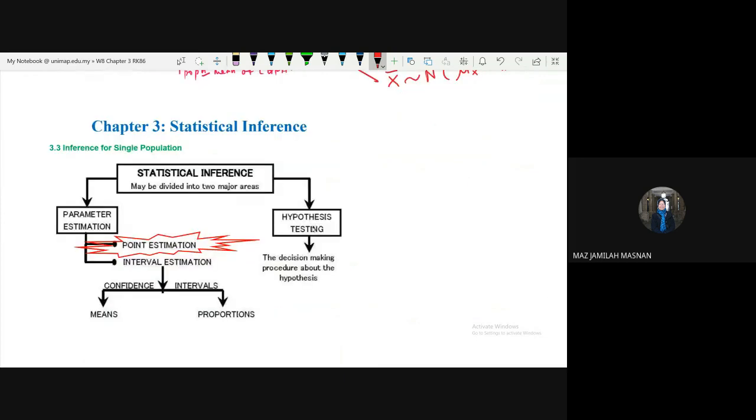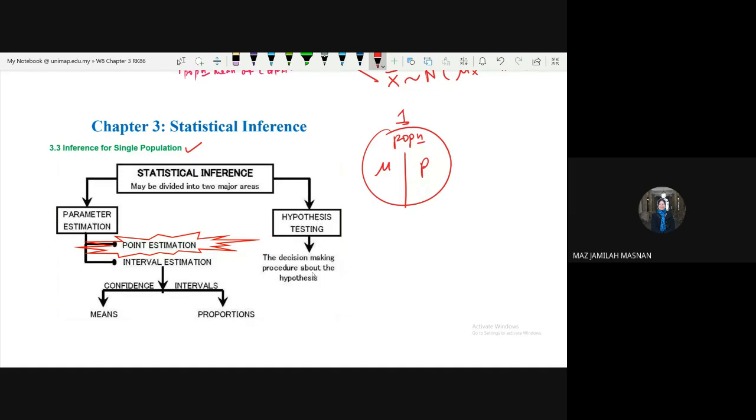Now, let us move to section 3.3 on page 77. It's inference for a single population. Now we are talking about one population, and what if we want to estimate the population mean and the population proportion from our sample?